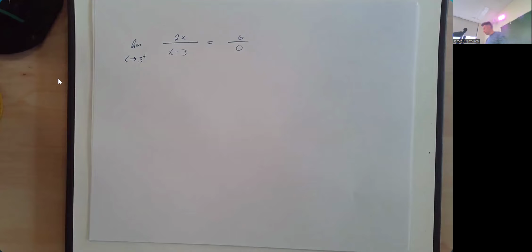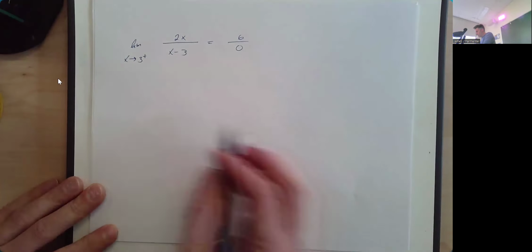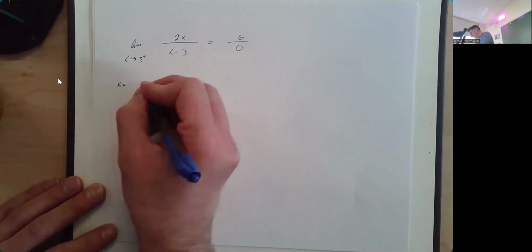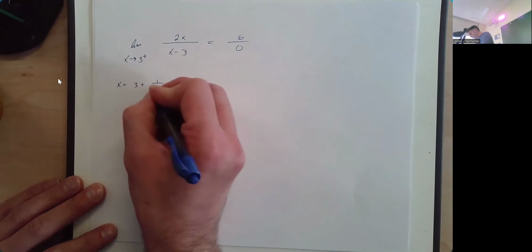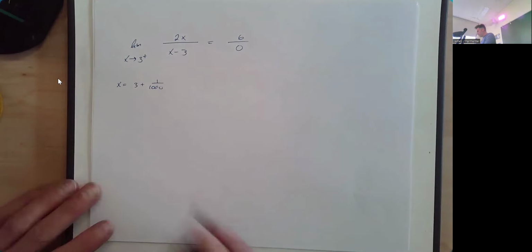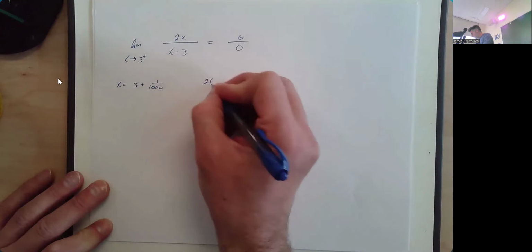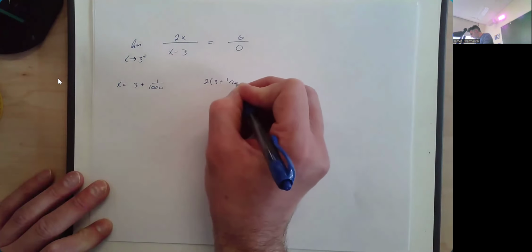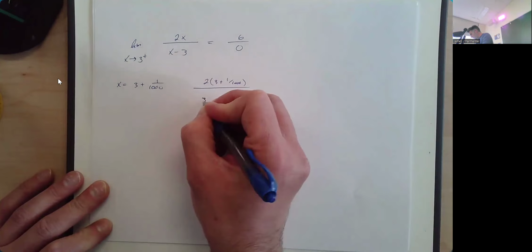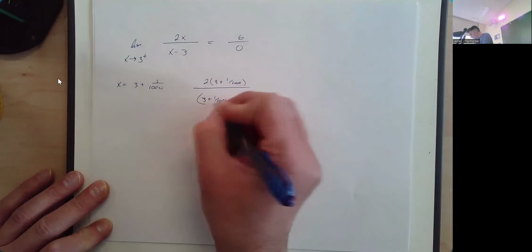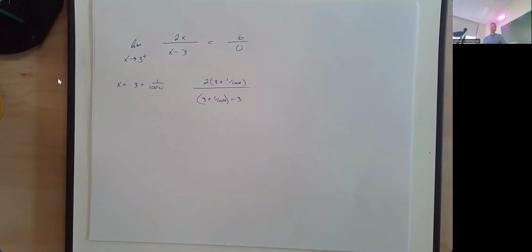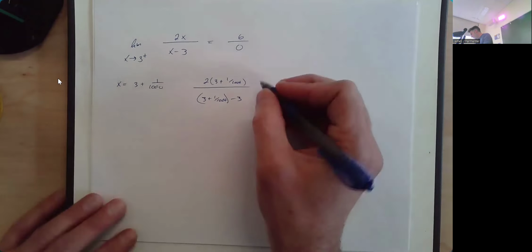Here's what I mean. Pick a number really close to 3, but slightly bigger than 3. Let's say that x is 3 plus 1 over 1,000. If I plug that in, 2 times 3 plus 1 over 1,000, over 3 plus 1 over 1,000 minus 3. Well, the top is still essentially 6, like 6.002.